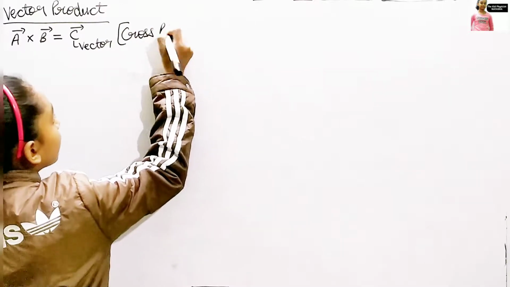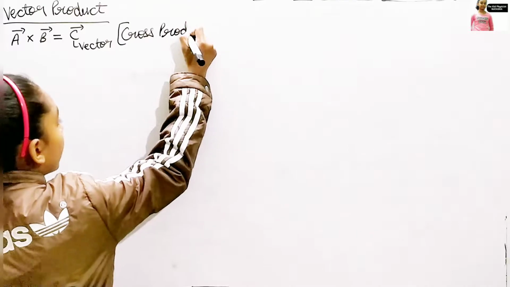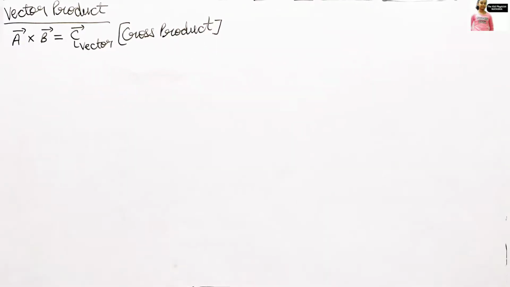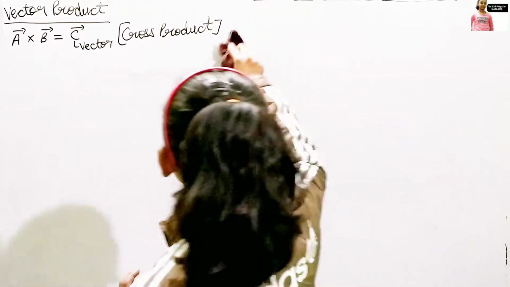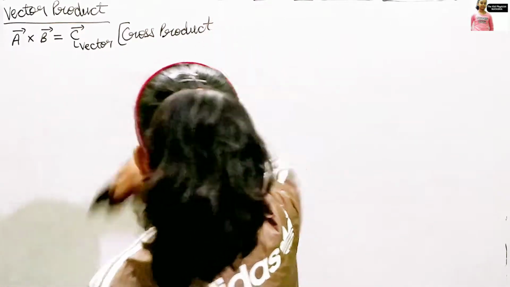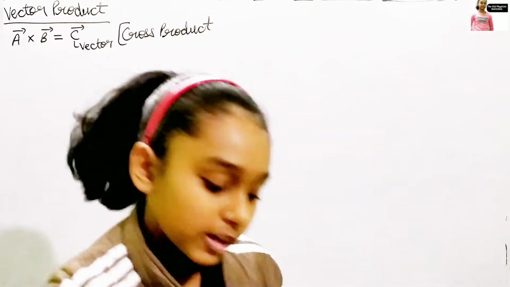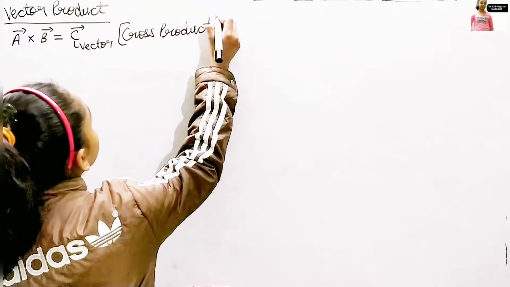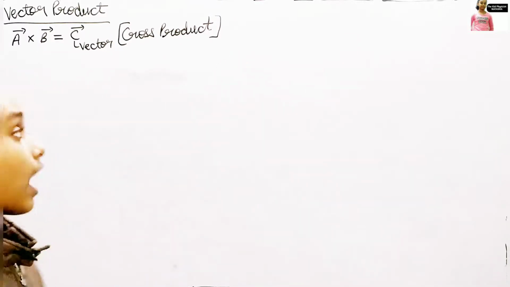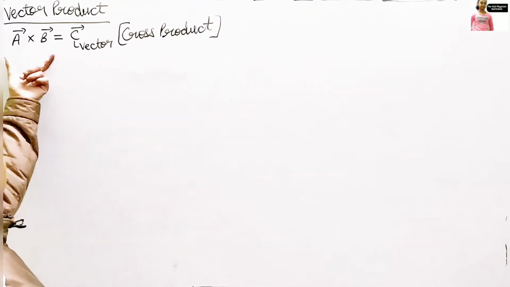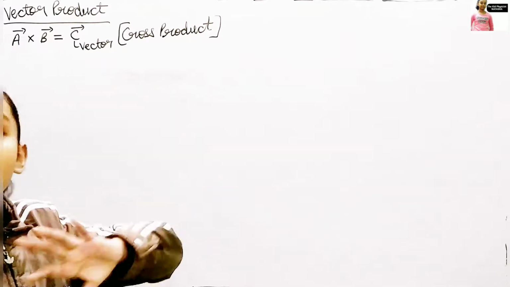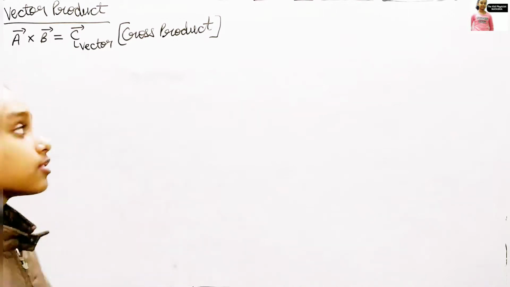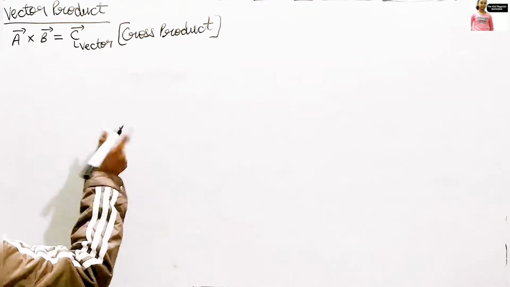Vector product is another name for cross product. When we do the cross product of these two vectors, we get a new vector, and this new vector also has a direction. So now we are going to find the direction.